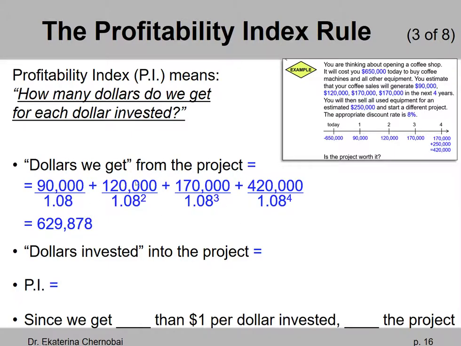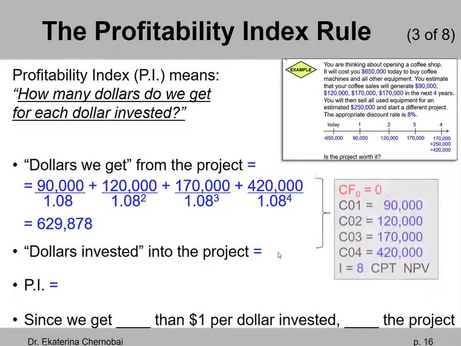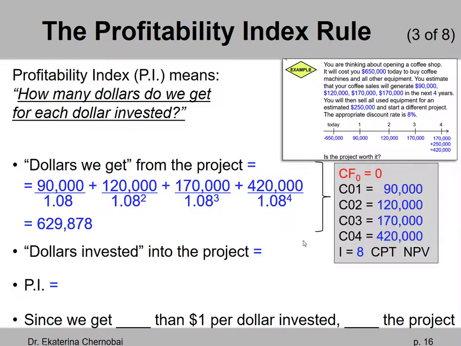And the sum of the 4 discounted future cash flows is $629,878, just like in the net present value approach. Next, dollars invested into the project. This number is given. Actually, let me show you that number first, $650,000.